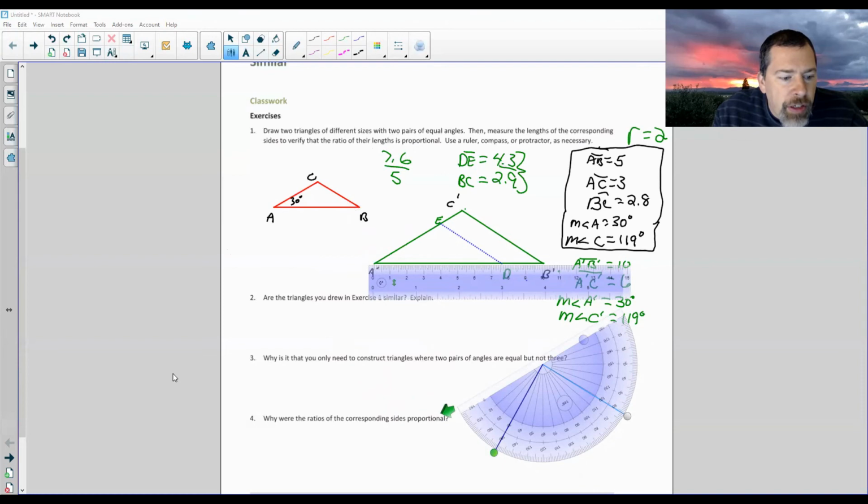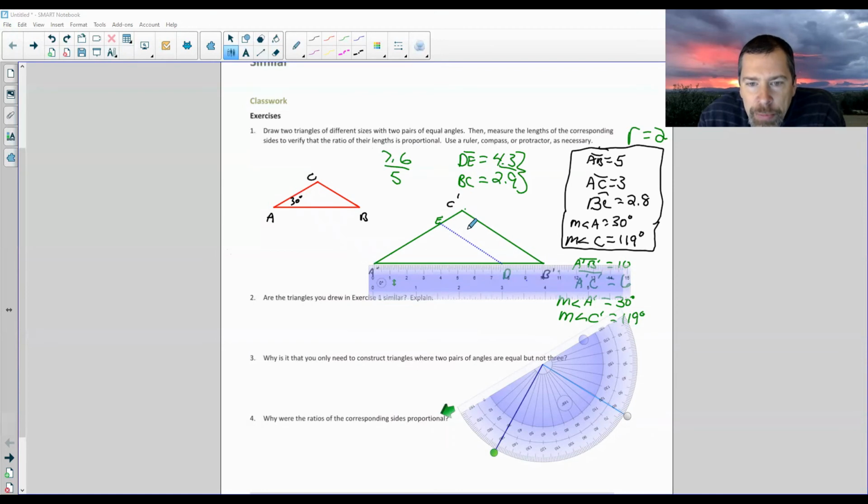So if I take 7.6 divided by 5, I got 1.52, which is really close to 1.48. I'm off by 4/100ths of a centimeter. Okay, that is 4/10 of a millimeter. So the scale factor is 1 to 1.5 roughly.